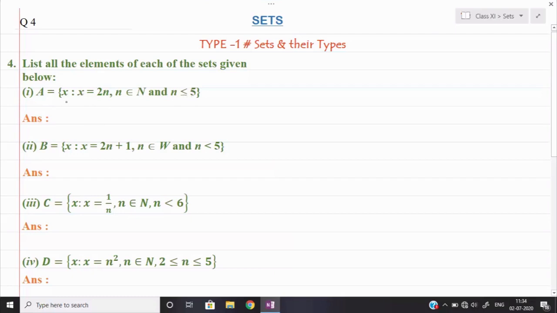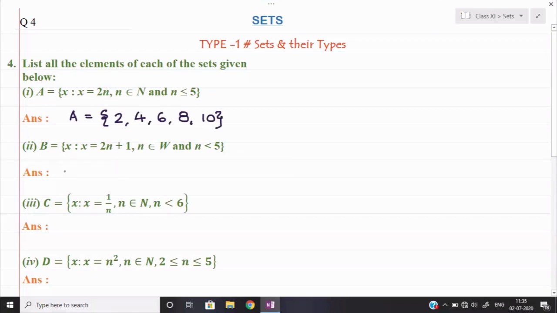If n is equal to 1, the first element is 2 into 1, which is 2. If n is equal to 2, 2 into 2 is 4. For n equal to 3 it becomes 6, then 8, and the last one is 10, because we cannot go more than 5.